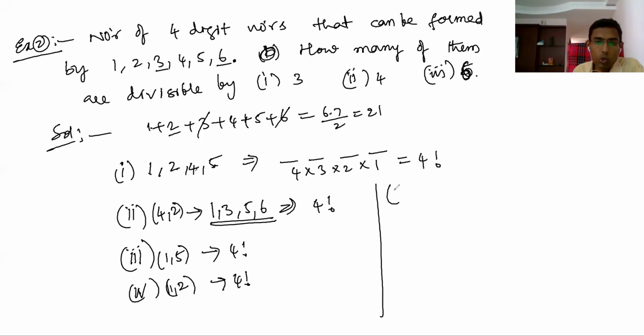Next with 2. 2 again you should not do 2, 1. 2, 3, 2, 4 you have to check, 2, 4 already I wrote. 2, 5 no. 2, 6 not possible. So the next 3. With 3 I wrote already 3, 6. Next with 5, 4.